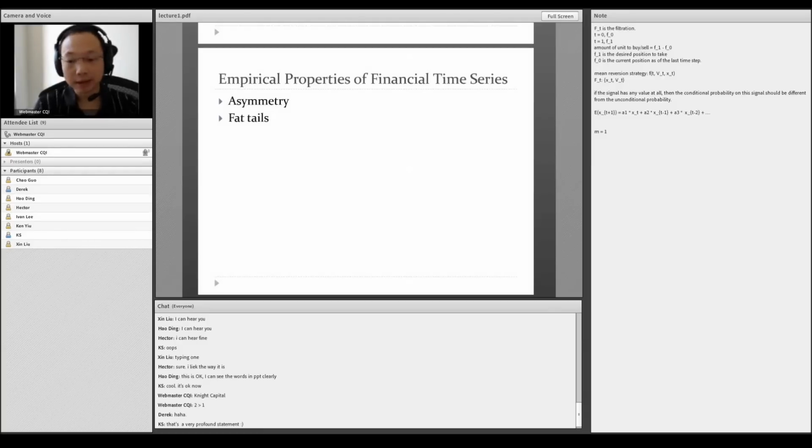What I'm trying to say is that if you assume a Gaussian distribution for financial assets, then a financial crisis happens only once in 100 years. But in fact, this once-in-100-year financial crisis happens every single year, right?